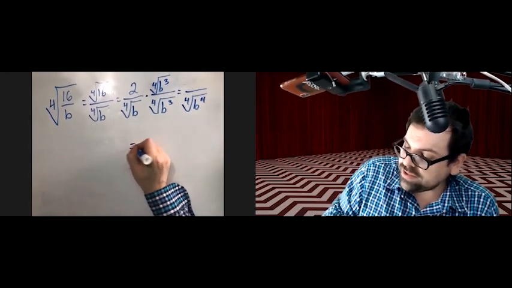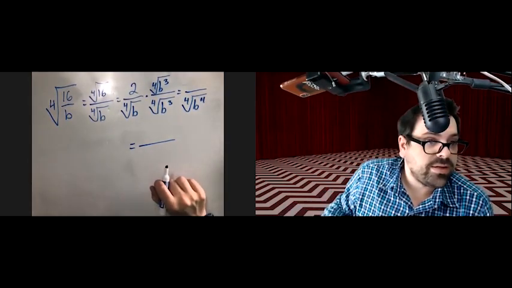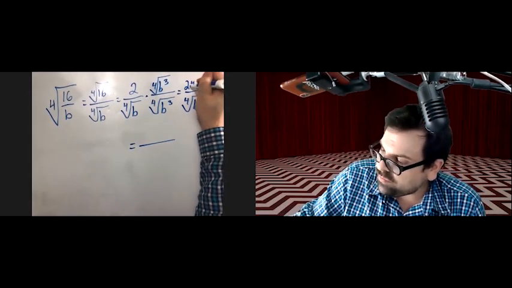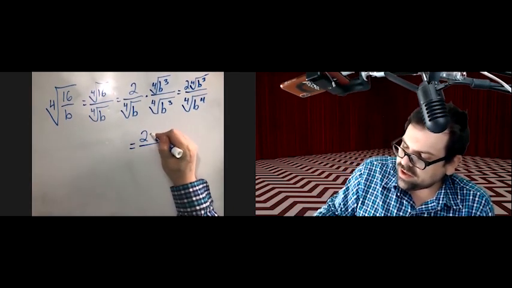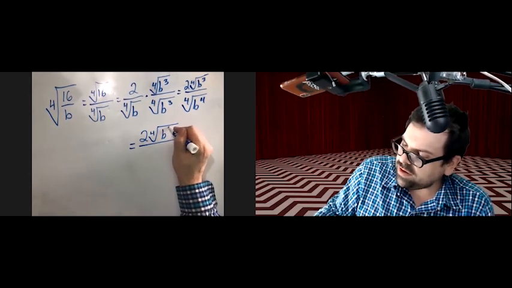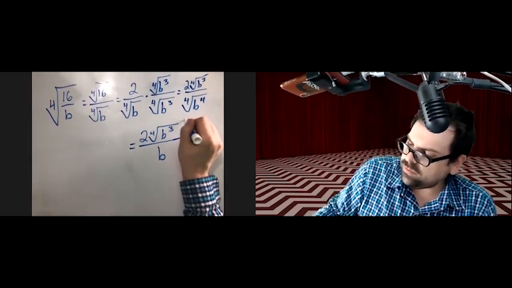So again, the top is 2 times the 4th root of b cubed, and on the bottom, the 4th root of b to the 4th would be b.